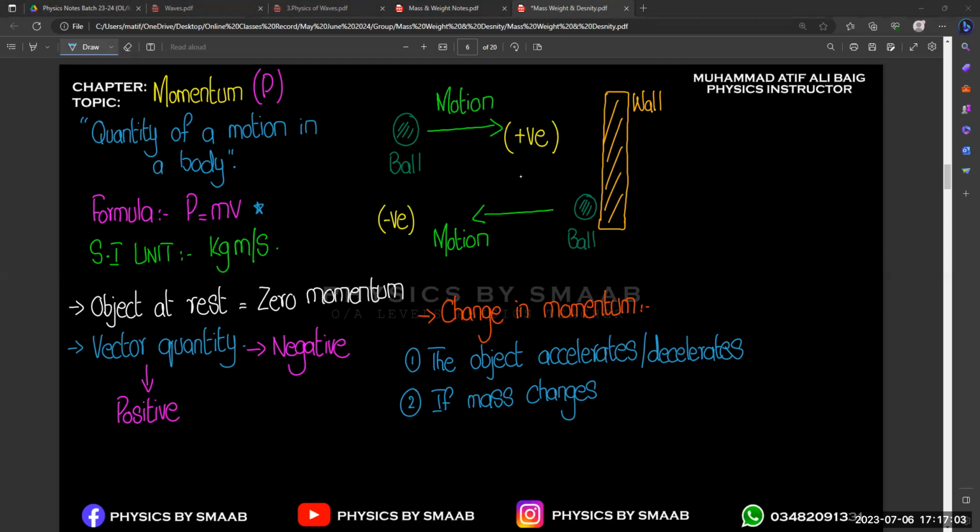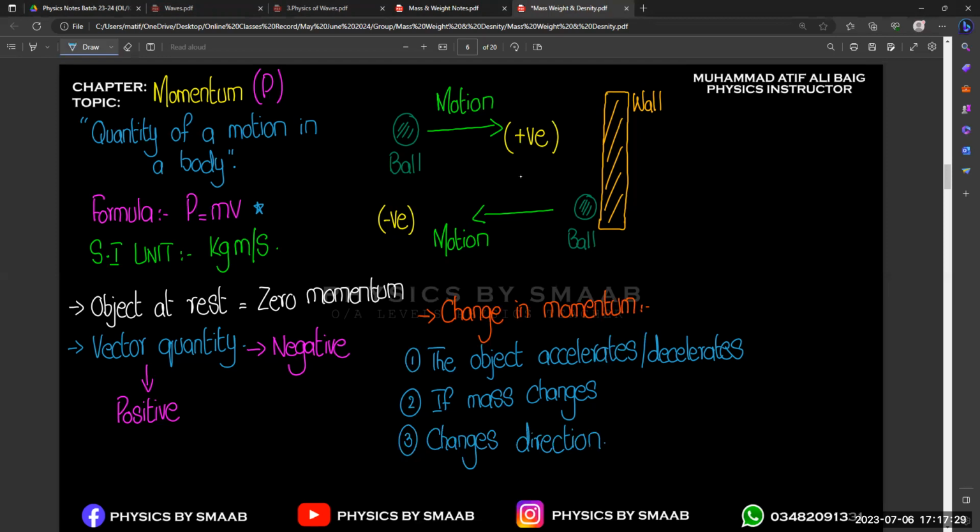And the last thing is related to direction. Changes in direction. So these are some basic things related to momentum. Okay.